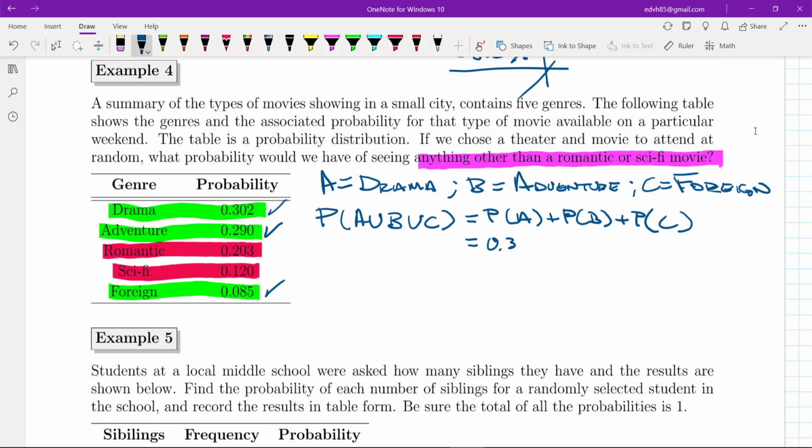That's 0.302 plus 0.290 plus 0.085. When we combine these together, we should get 0.677.